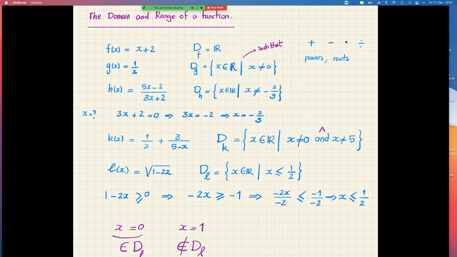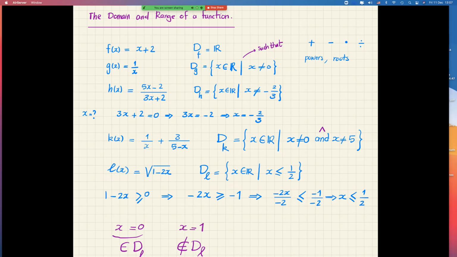Can you say something about it by looking at the domain? It will not go beyond 0.5, right? I think it was right. It will not extend beyond 1/2.